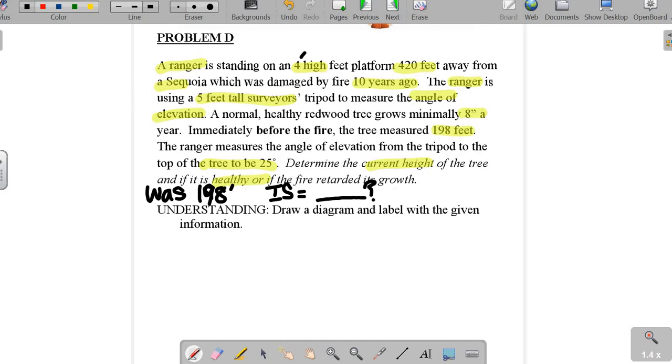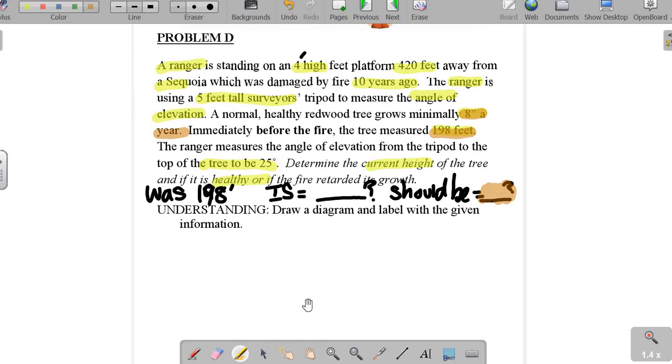And then there is what's called a should be height to determine whether or not it's healthy. So there are actually 2 heights you're going to be calculating here. A current height, and then using this information here, 8 inches a year, and the prior height, you should also calculate what the should be height is if the tree is healthy.